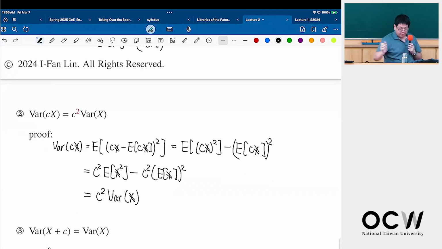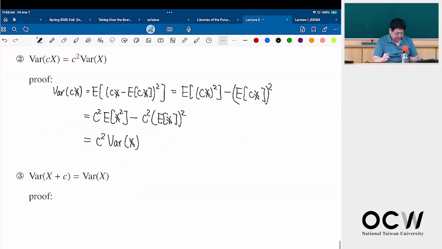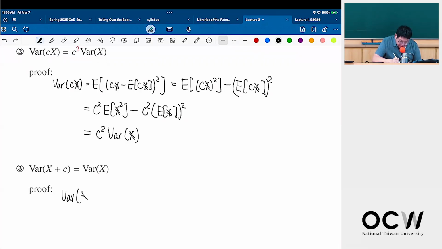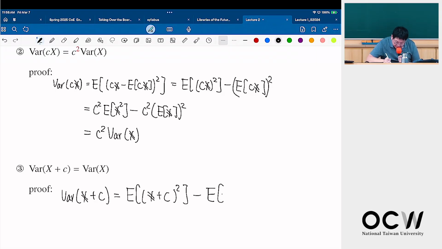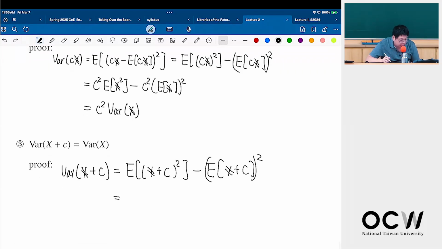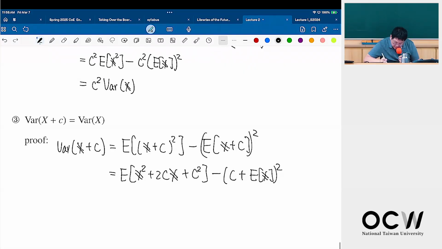If I have a shift, the variance will be the same. So if I have a shift, that is the second moment minus the first moment squared. You get x squared plus 2 times c times x plus c squared, minus the mean plus c squared.